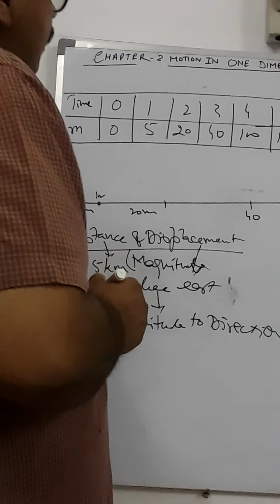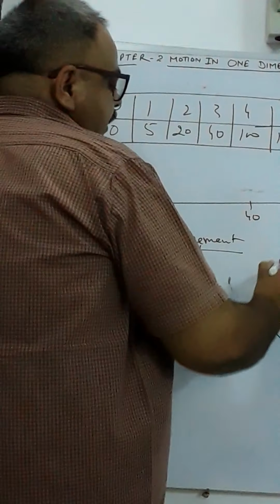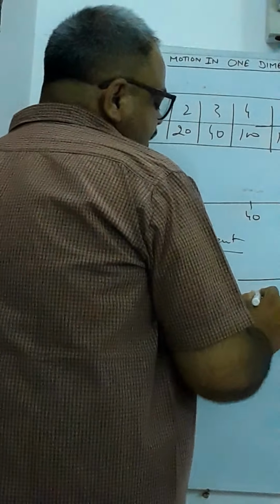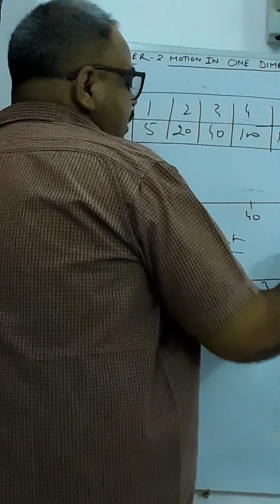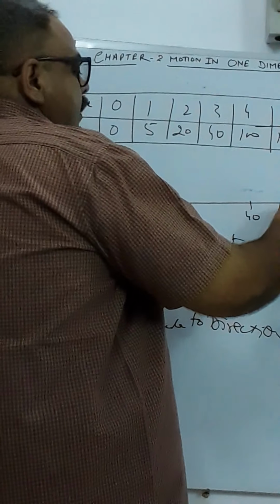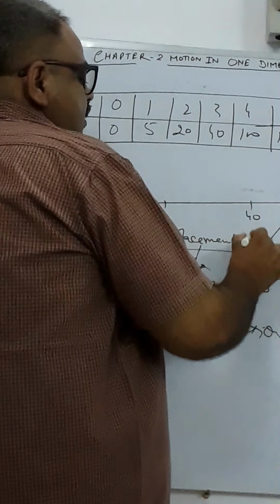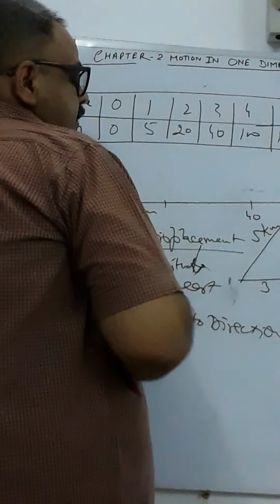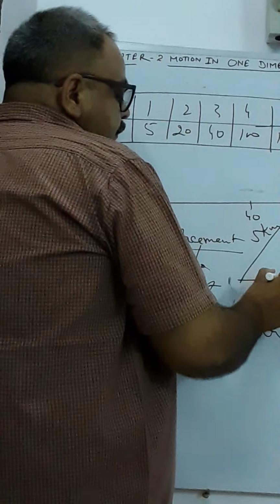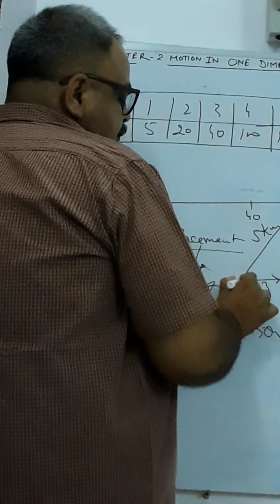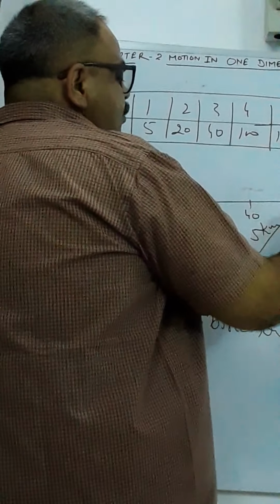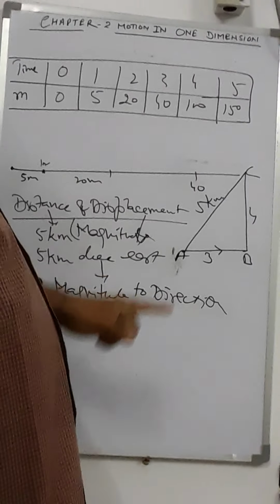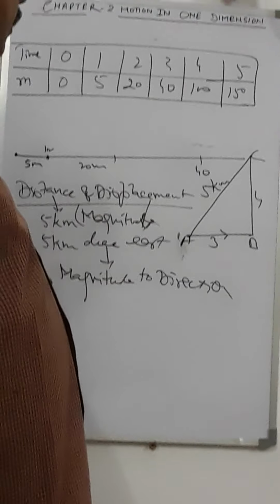For example, if the body moves in this direction 3 kilometers, then this direction 4 kilometers, the total distance is 7 kilometers. Now, I have travelled from position A to B 3 kilometers, B to C 4 kilometers, but if I have reached directly from A to C, it is only 5 kilometers.